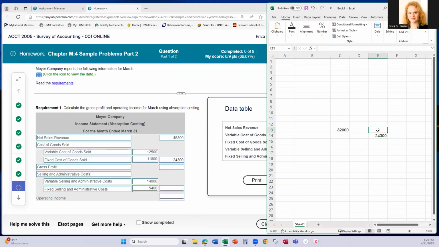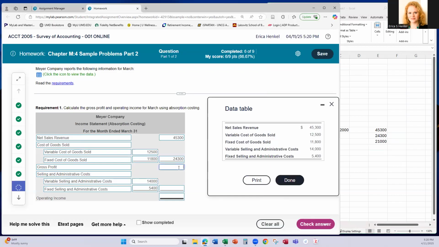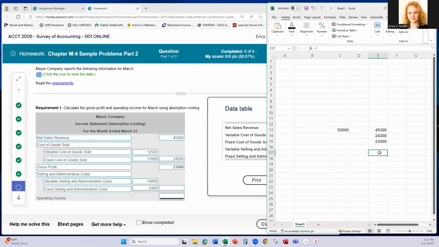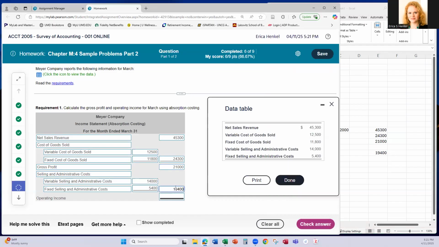And then if we take our sales minus our cost of goods sold, we get to 21,000. And then down here, our total selling and administrative gets us to 19,400. I suppose I could have just done that one in my head.